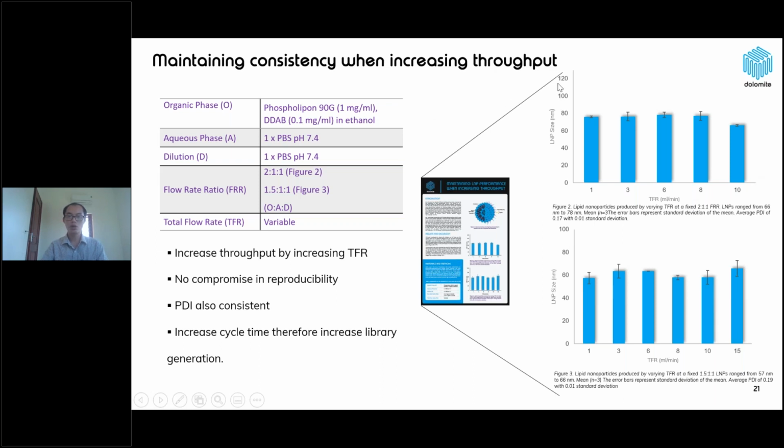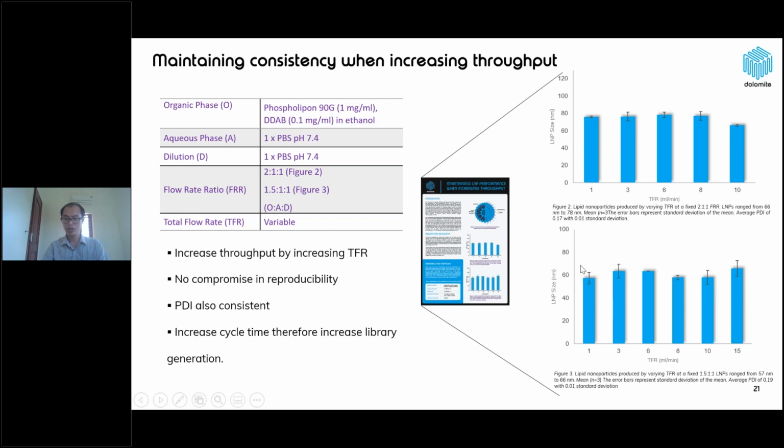The results show that when we increase the throughput by increasing the total flow rate, there's no compromise in reproducibility. The increased total flow rate has less effect on the particle size distribution. So the particle size is almost the same when you keep the flow rate ratio constant and just increase the total flow rate to increase the production rate.